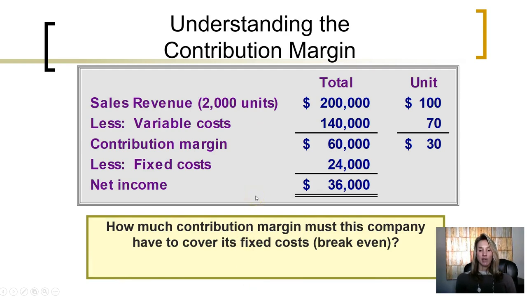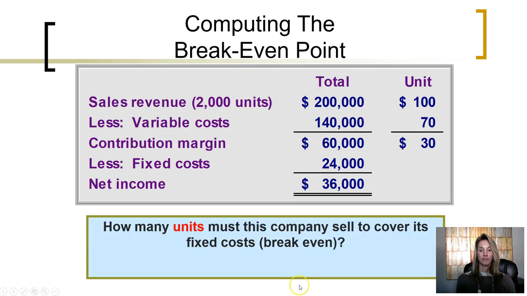So we can ask ourselves, how much contribution margin must this company have to cover its fixed costs? Well, we would need a contribution margin of $24,000 in order to cover their costs and just break even. Then the question becomes, how many units must this company sell to cover its fixed costs and break even?